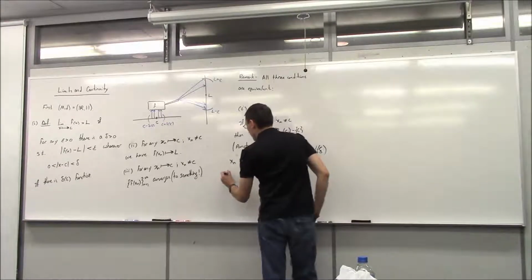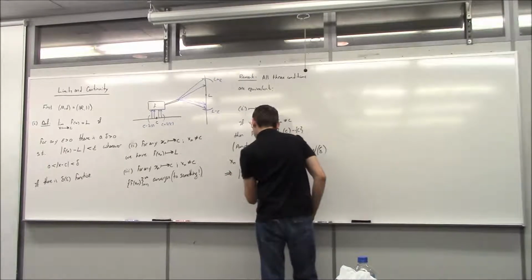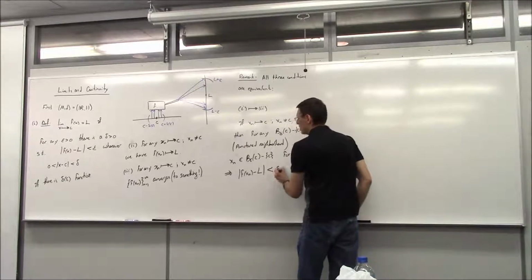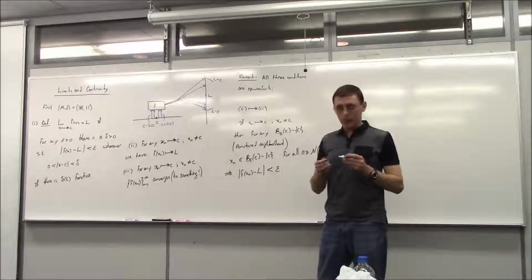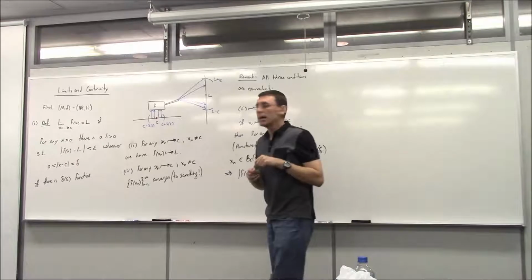So what does it mean? It means that f of xn minus L will be less than epsilon. In other words, I'm being a bit loose in my notation. I hope that you see the logic perfectly, crisply clear. What's the logic?